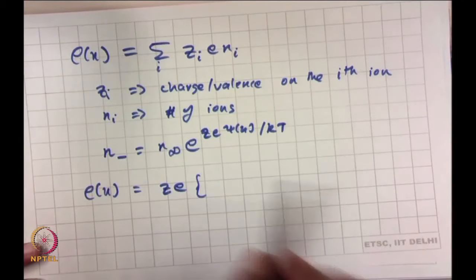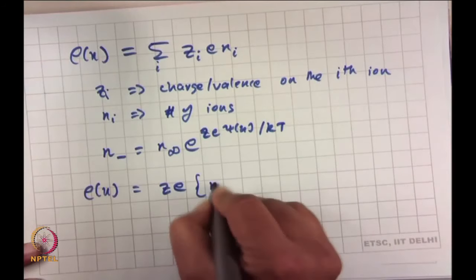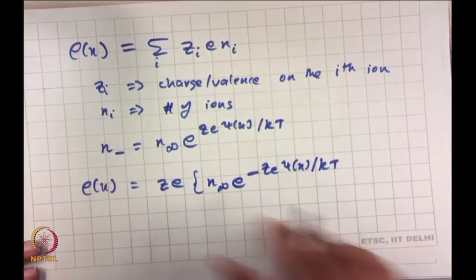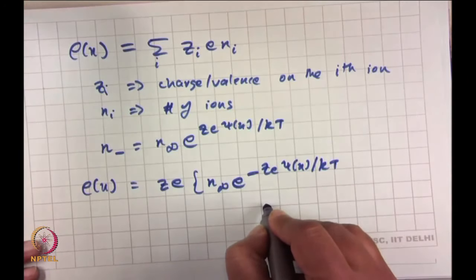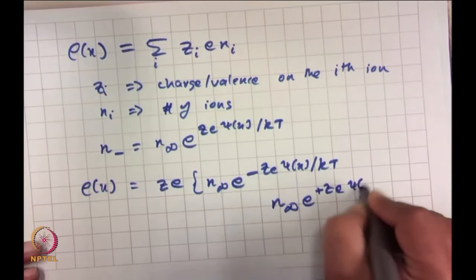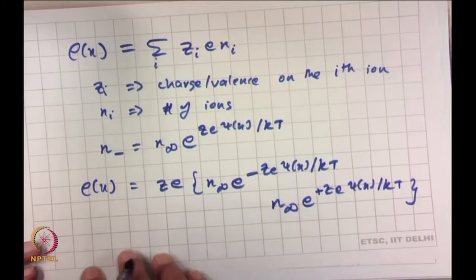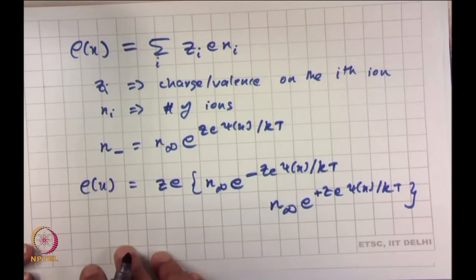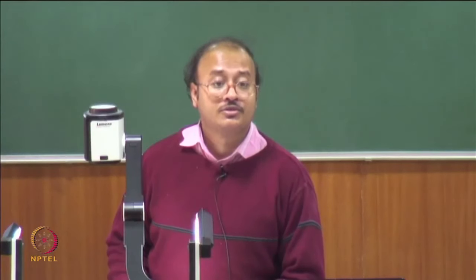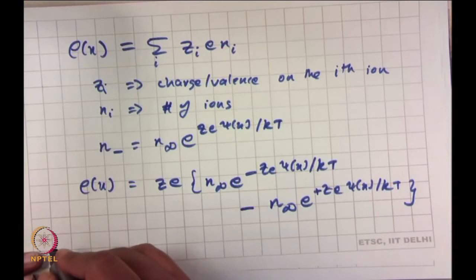I will skip that step and write this as n infinity e to the power minus z e psi of x over kT, then n infinity e to the power plus z e psi of x over kT. Remember, n plus and n minus have opposite charges, so I put a negative sign out here to take the charge effect into consideration.